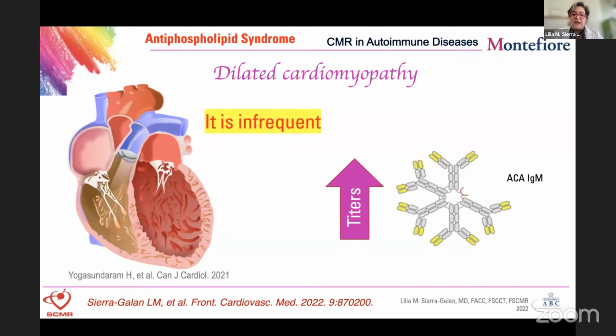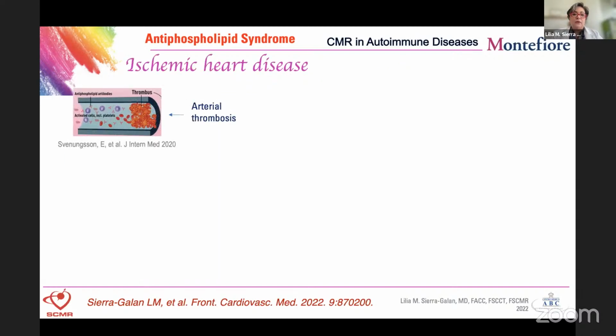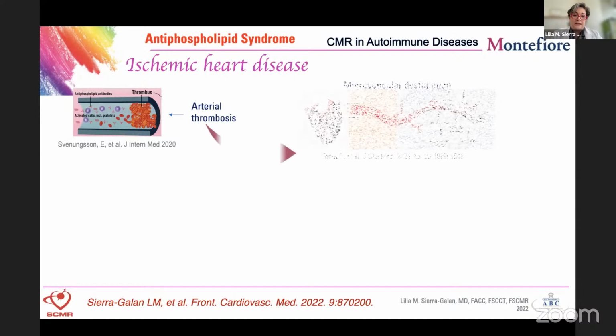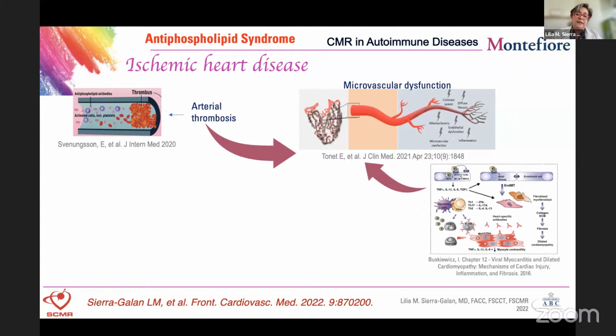It is very frequent to have these patients with dilated cardiomyopathy, and the patients that do this the most are those with high titers of IgM antibodies.